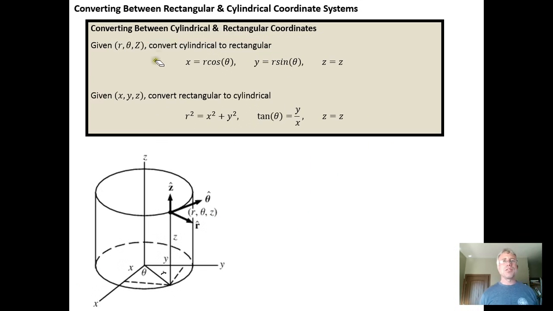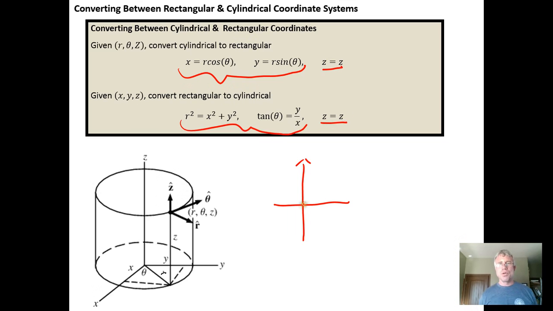Because this is just an extension of the polar coordinate system into three-dimensional space, the relationships we had for polar coordinates are still going to hold, and all we do is add in the third relationship that z is itself. Z is equal to z. So in the xy plane, we get some relationships from trigonometry.